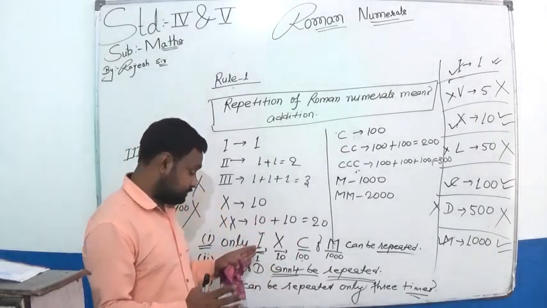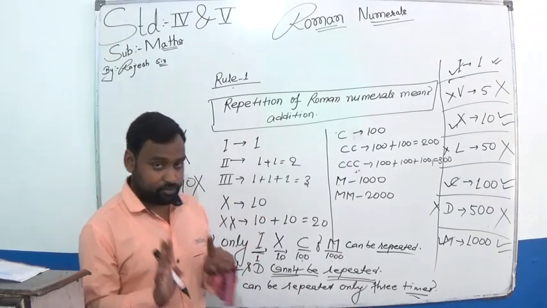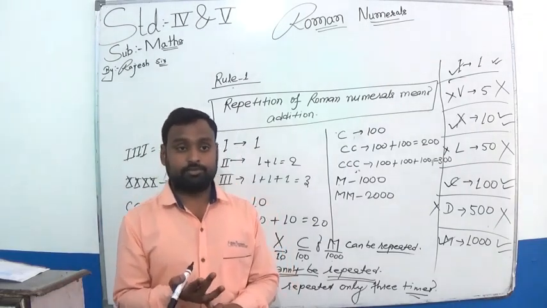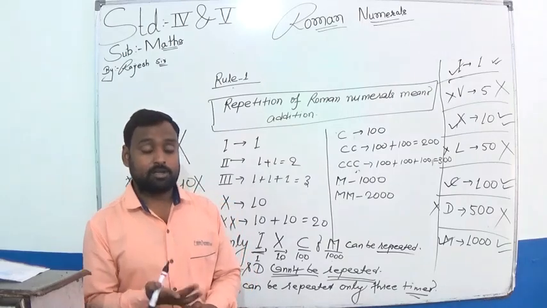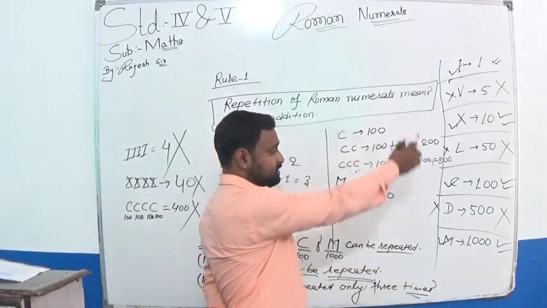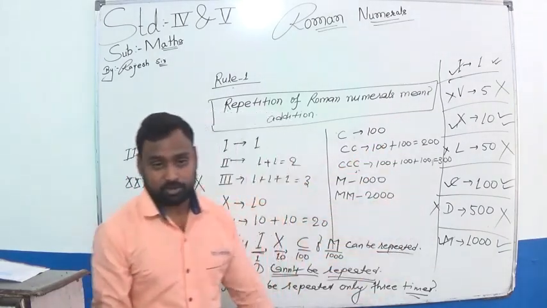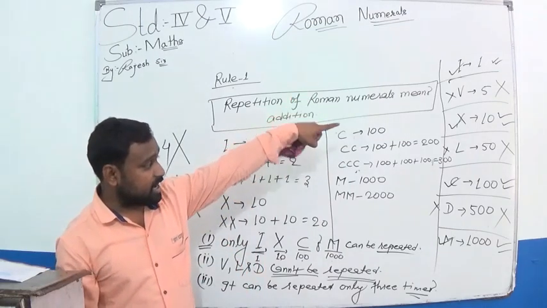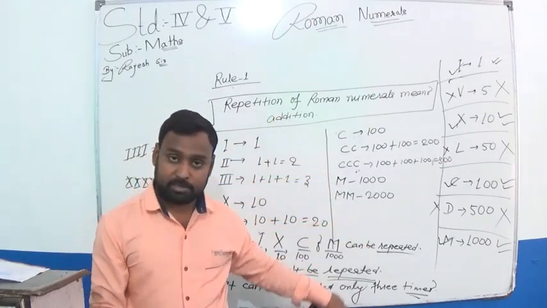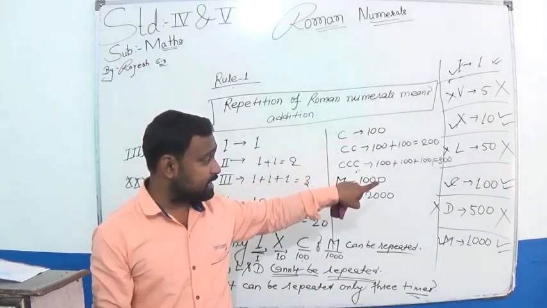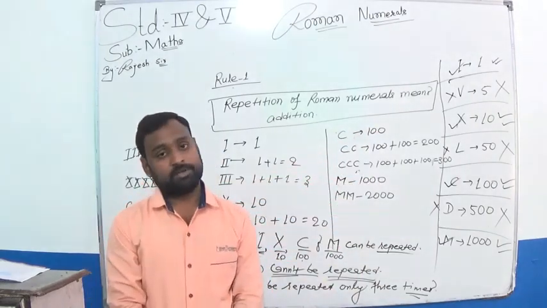And only 4 symbols can be repeated. Among the Roman numerals, the 4 symbols for 1, 10, 100 and 1000, that is I, X, C, M, can be repeated. The rest, V, L, D, can't be repeated.